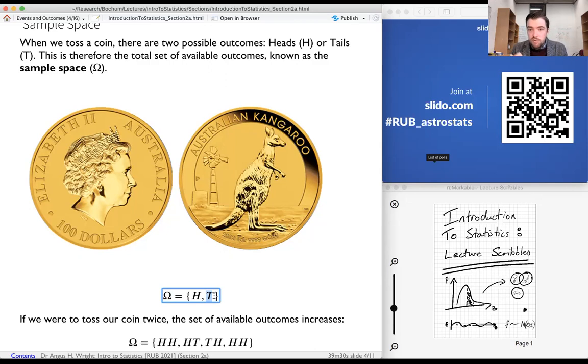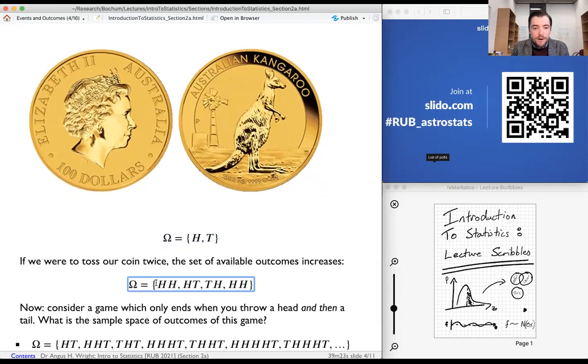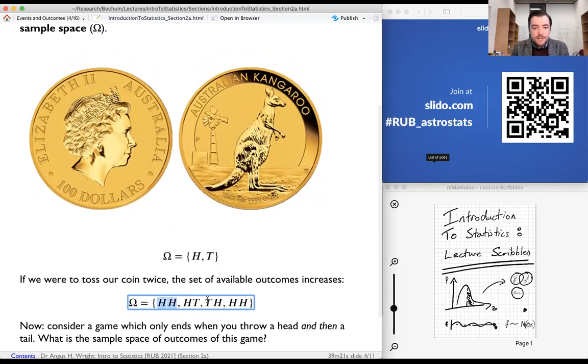Instead, now there are 4 distinct possible outcomes of our experiment. Those distinct outcomes are head-head, head-tail, tail-head, and tail-tail. Sorry, I've got a typo here. Head-head, head-tail, tail-head, and that should be tail-tail. This is a finite sample space of size 4, of cardinality 4.